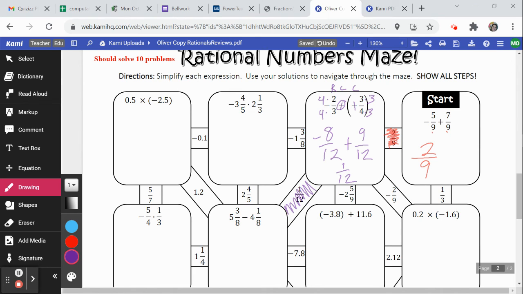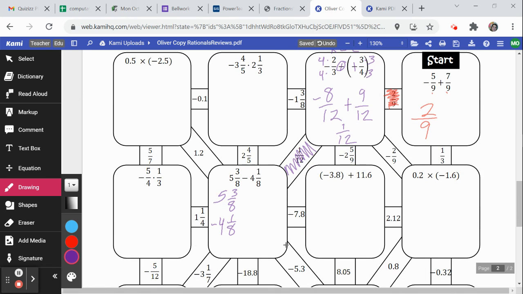Okay. All right. Mixed numbers. Remember, you may or may not have to borrow at some point. Okay. I like to set these up going 5 3/8 because 5 is bigger than 4. And I subtract my 4 and 1/8. I don't have to borrow, so that makes life a little bit easier. And just keep your 8.